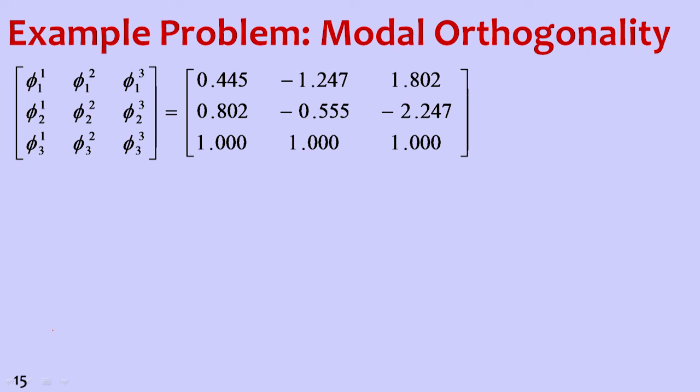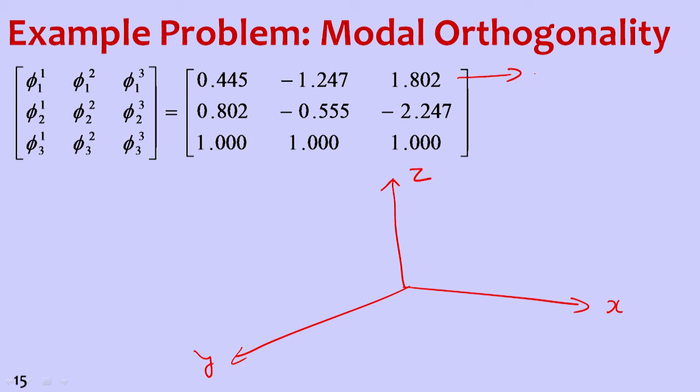Now here we have the phi matrix which we have already calculated. Suppose these are the three axes: this is x, this is y, this is z. You can consider this row as x, this row as y, this row as z.